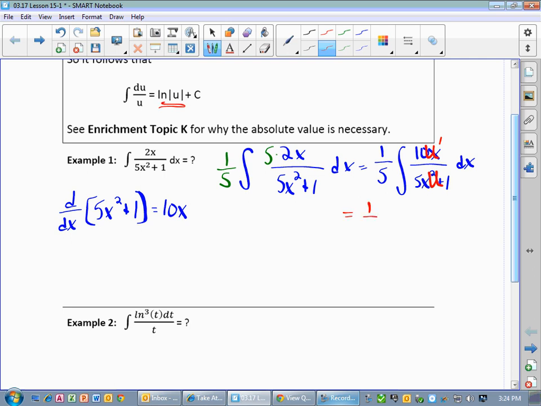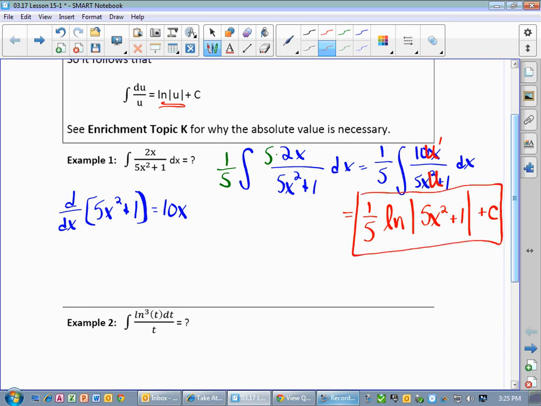So we have 1/5 times the natural log of the absolute value of u, which in this case is 5x squared plus 1. And this is an indefinite integral, which means we have to remember the plus c. So again, the general idea here is we're looking for some function in the denominator and its derivative in the numerator.